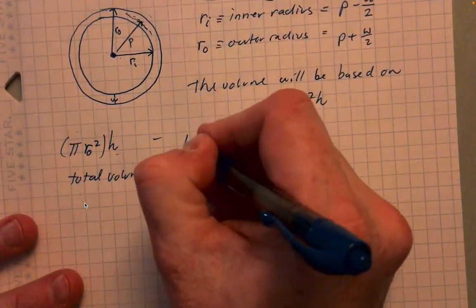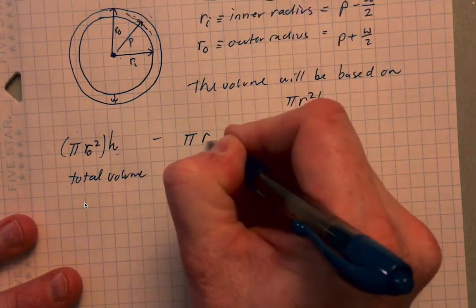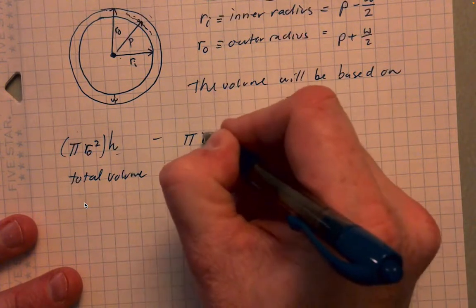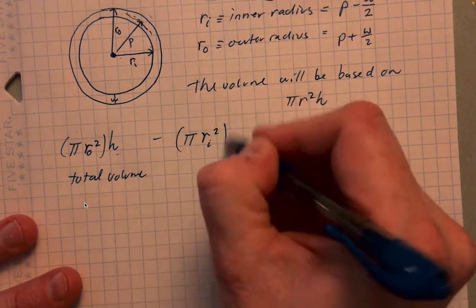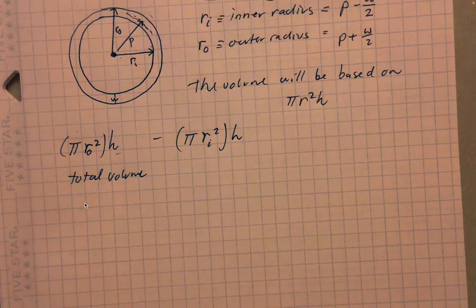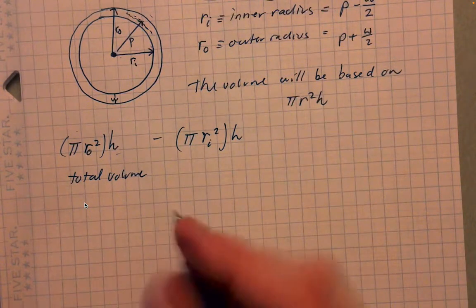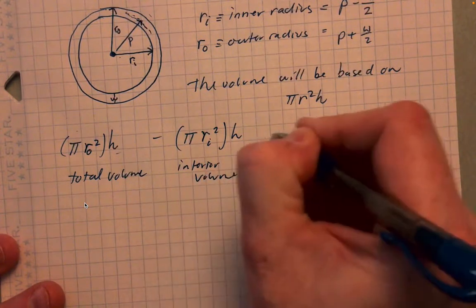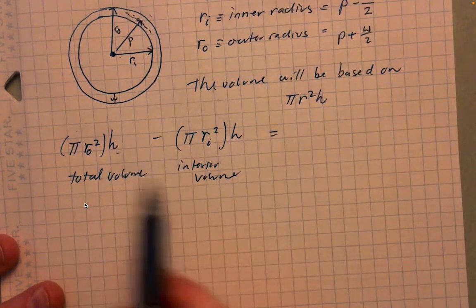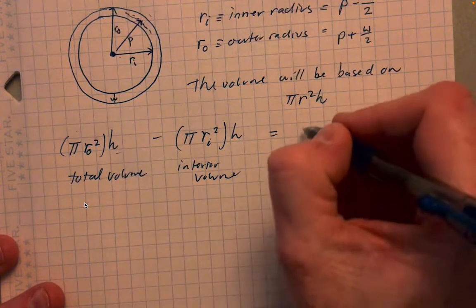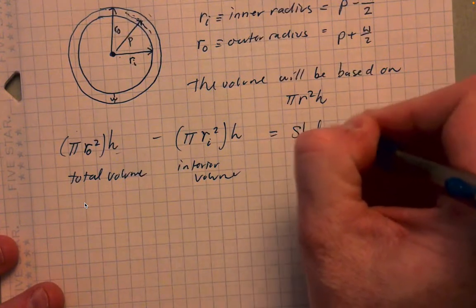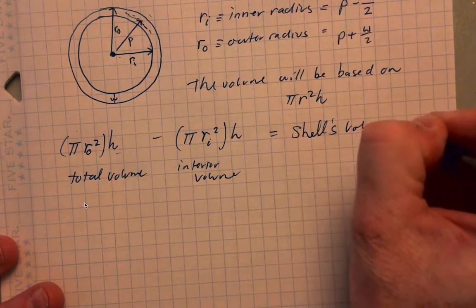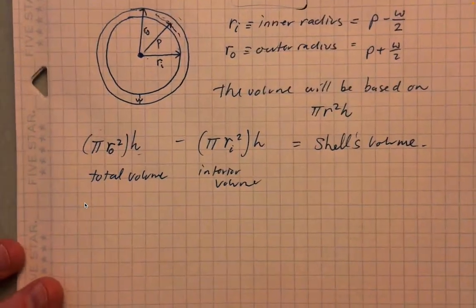That's going to be equal to pi times the inner radius squared times the height. This would be the interior volume. And of course, when I subtract the interior volume from the total volume, I get the volume of the shell. That's the idea there.